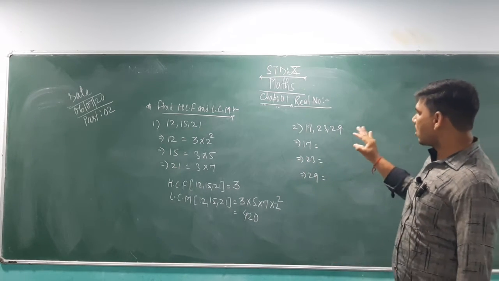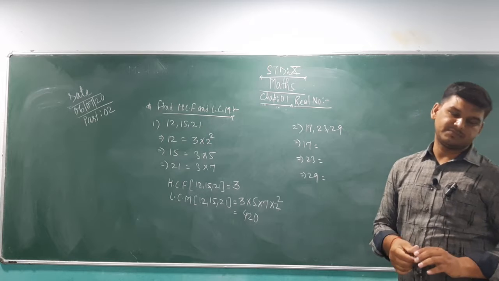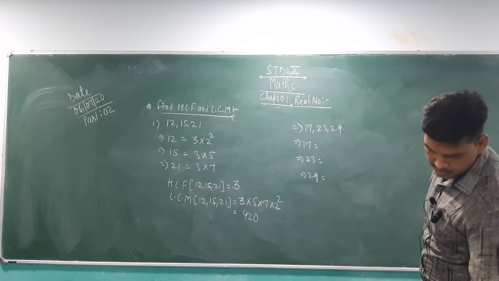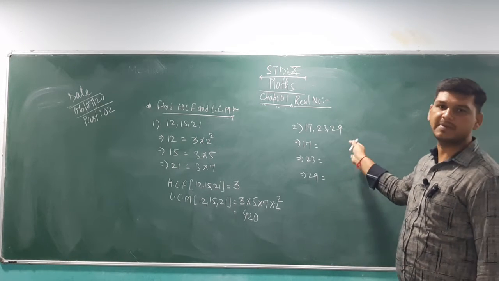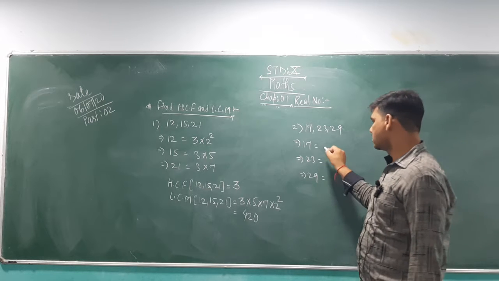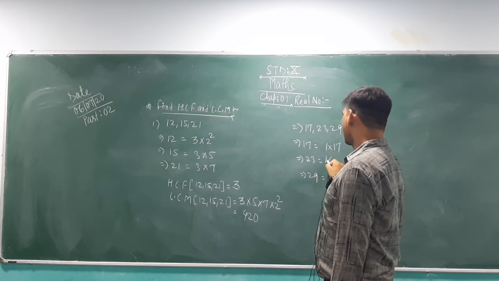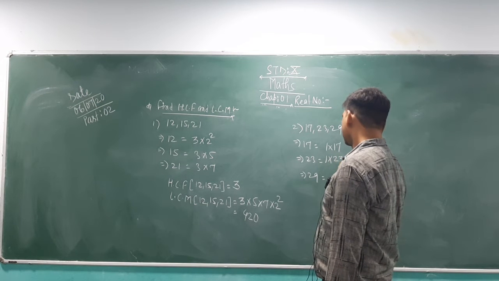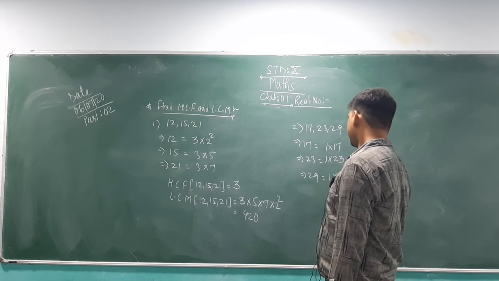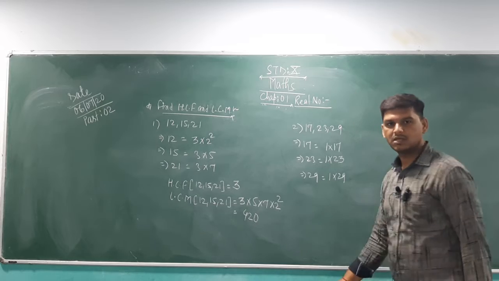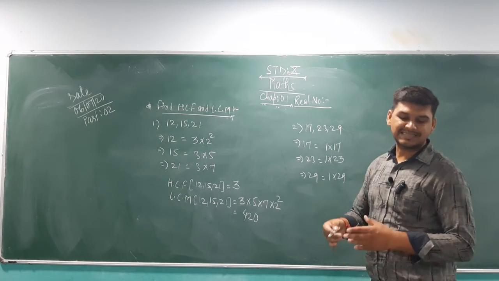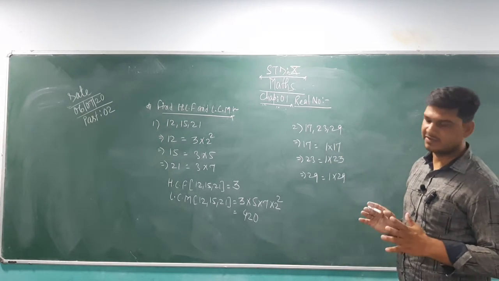They are all odd numbers, and you see that they cannot be converted into prime factors, so we write 1 into 17, 1 into 23 and 1 into 29. So there are no common numbers, only 1 is there.